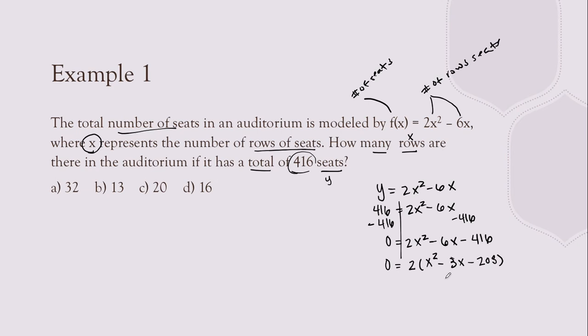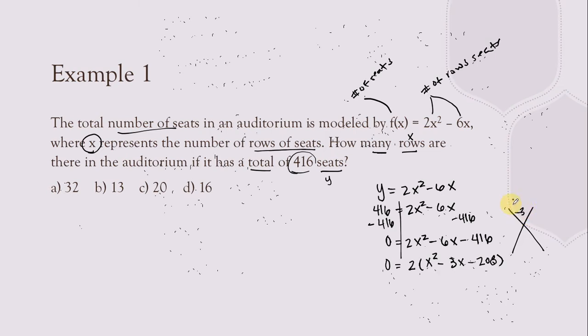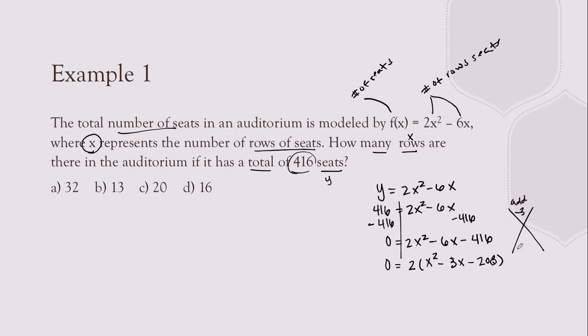So now I'm just trying to find what two numbers would add to get me negative 3, but multiply to get me negative 208. And I have no clue.